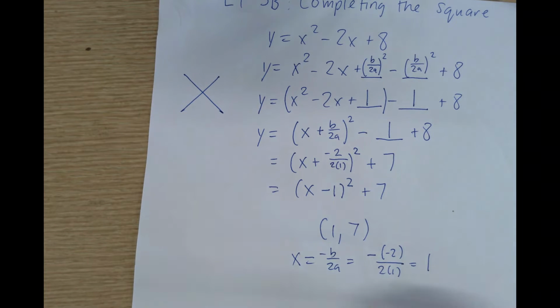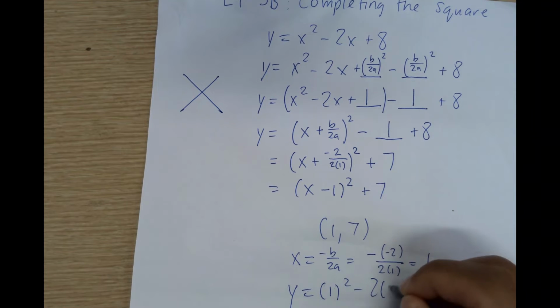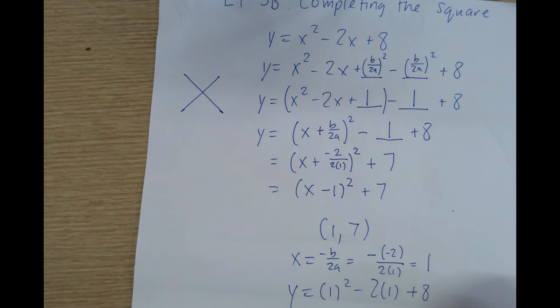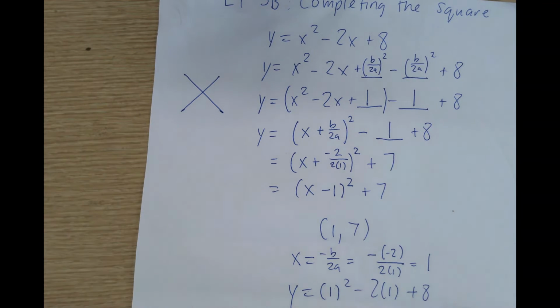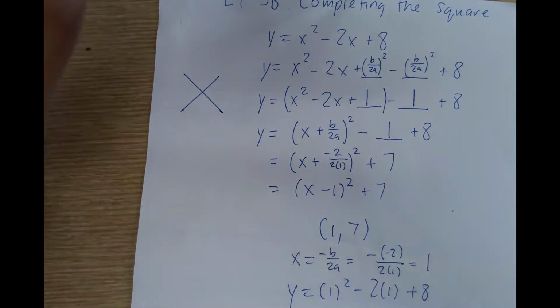And if we plug into our equation, you can see you get 1 minus 2 plus 8. Did I solve this incorrectly? Let's see. 1 minus 2, we get negative 1. No, we get positive 7, and we get the same vertex of 1, 7. Maybe you can see that right here.